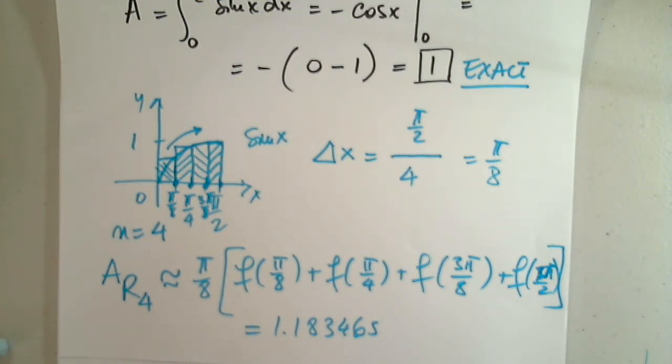And in list L2, you put what you need at the very top. Like, in our case, we had pi over 8, which was delta x, and then sine of the list L1. It will always be a function of the list L1. And when you press enter, you will get all these numbers.